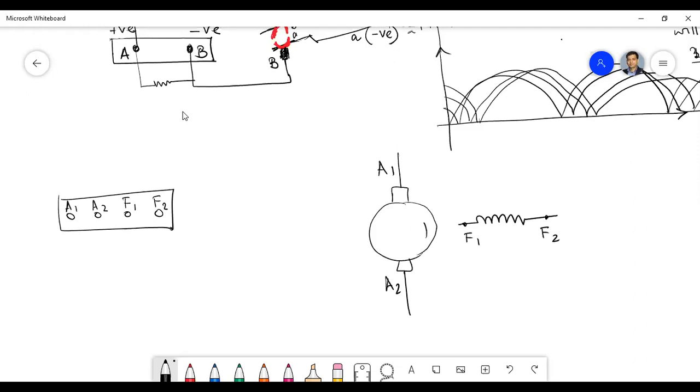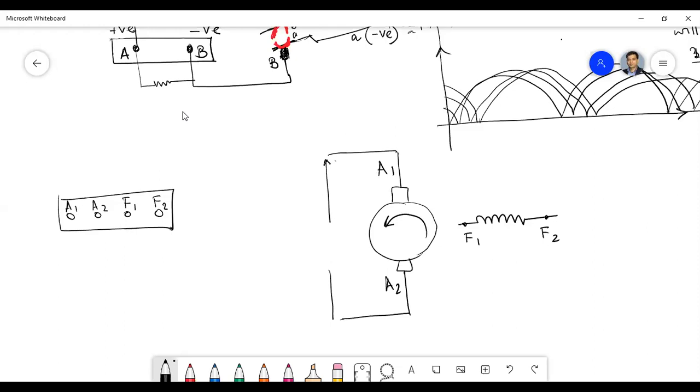Okay, now if we rotate this, what will happen? Whether we'll get some voltage here? If you keep on rotating this coil, the armature coil, which is placed on the rotor, we won't get any voltage because there is no magnetic field.